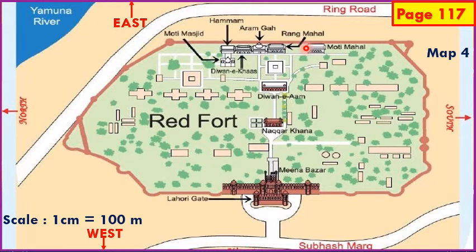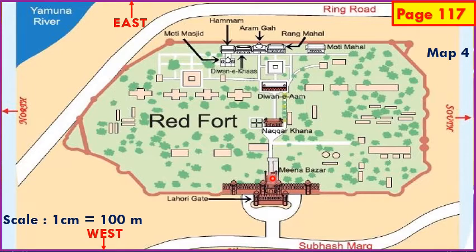On the northeast side of the Red Fort, Yamuna river flows. This is Lahori Gate, the main entrance of the Red Fort. After entering through Lahori Gate, on the left side, there is a long corridor with shops on both the sides.